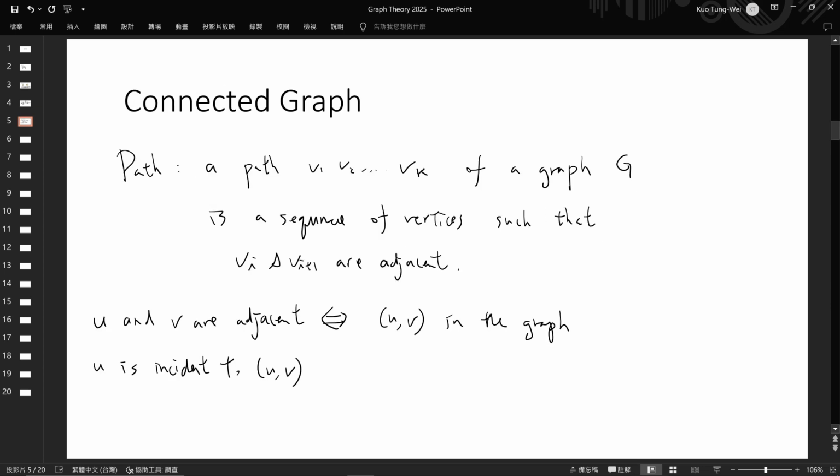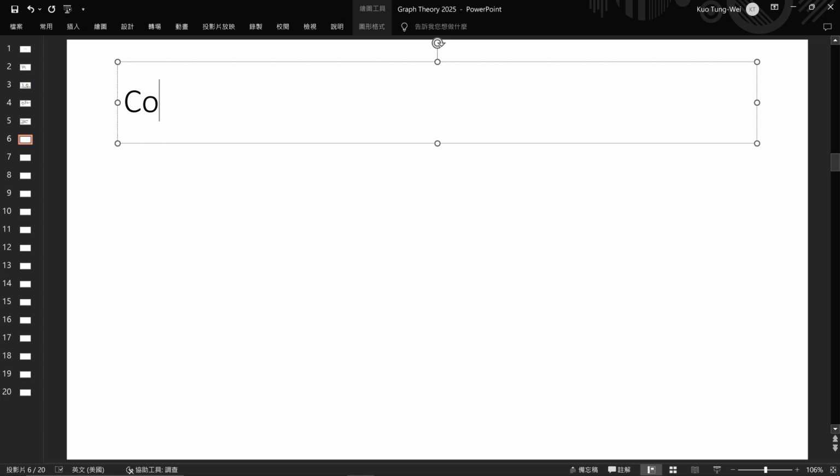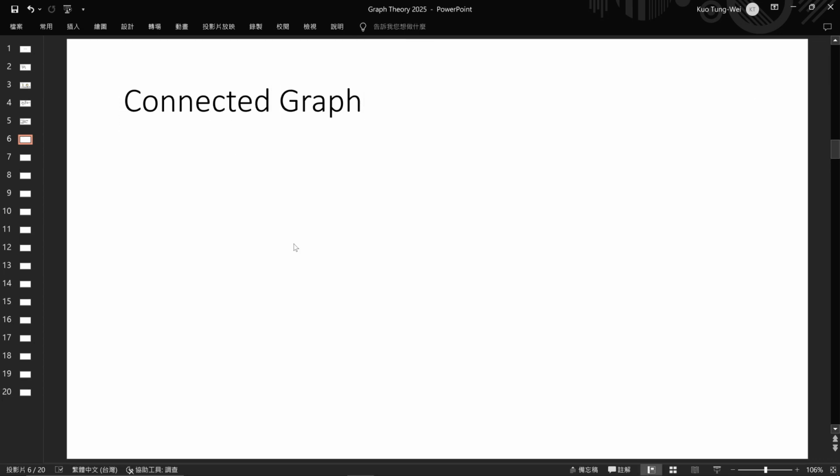Okay, so now we have the definition of a path. Then the definition of a connected graph is straightforward. Now we can use this notation.